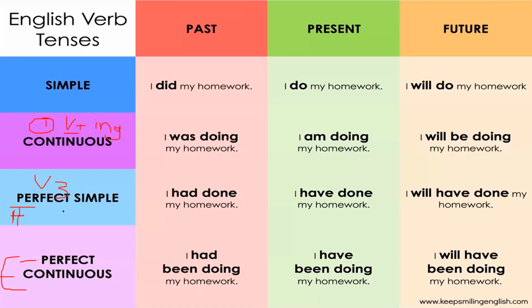And perfect is V3 plus verb to have, whatever present or past. So this is the second verb, V3. So how to form the perfect continuous tense in its past and present forms?